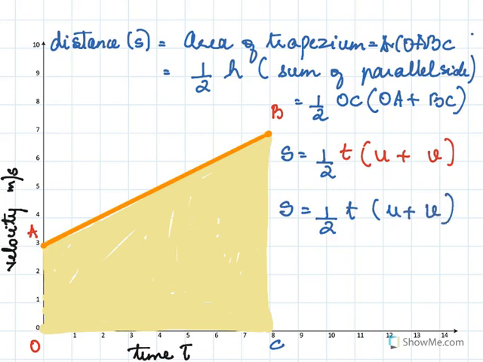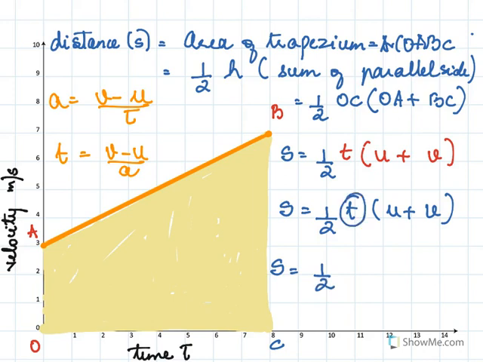Now earlier we have learned that A equals V minus U over T, which means T equals, I take this A on the other side, V minus U over A. So this is exactly what I'm going to substitute here. So S equal to half.